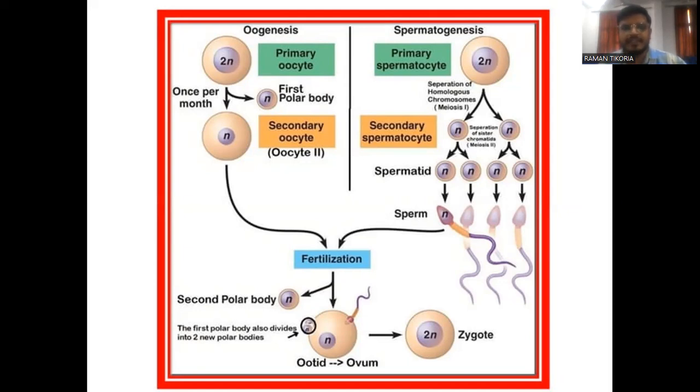The second difference is that in oogenesis, from one cell, four cells are formed, out of which one is an ovum and three are polar bodies. Whereas in spermatogenesis, from one primary spermatocyte, four mature sperms are formed, which later fuse with an ovum to form a zygote.